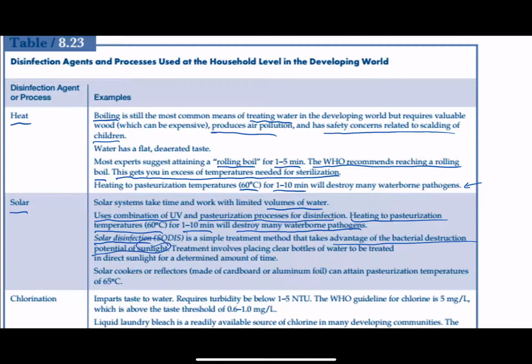Treatment involves placing clear bottles, of course it has to be clear, of water to be treated in direct sunlight for a determined amount of time. Remember C times T, or I times T: the radiation from the sun times the time of contact. Sometimes you will have solar cookers or reflectors made of cardboard or aluminum foil to reflect the sun back to that bottle. It can attain pasteurization temperatures of 65, which is really good.